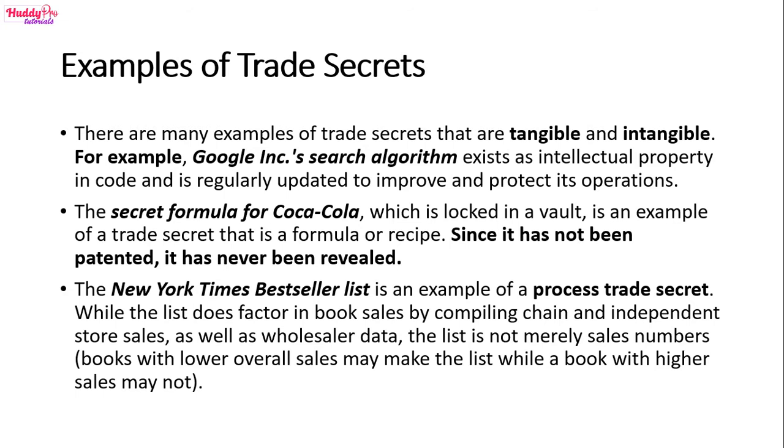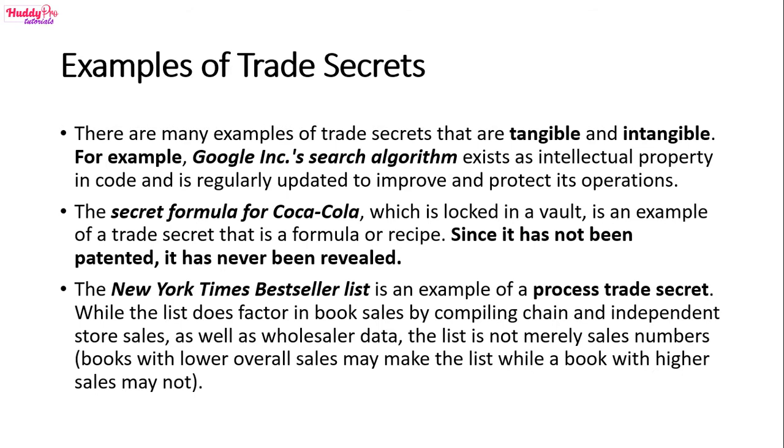We have another example, the New York Times bestseller list. This is an example of a trade secret which is a process. The process that they go through to come up with this list is a secret to them, because in most cases, one of the factors that leads a book to appear on their list is the overall sales that the book makes.